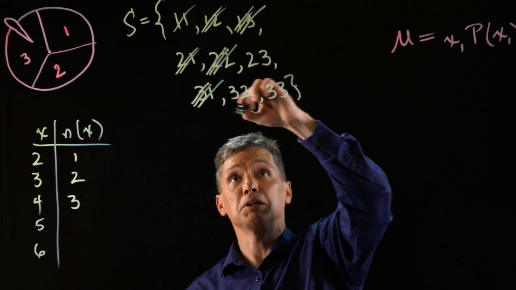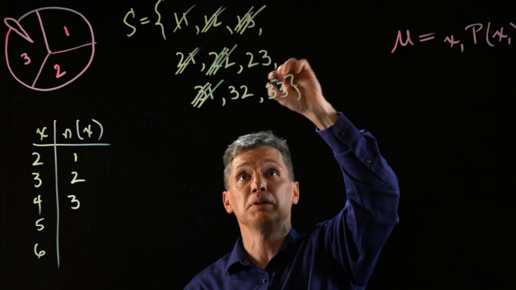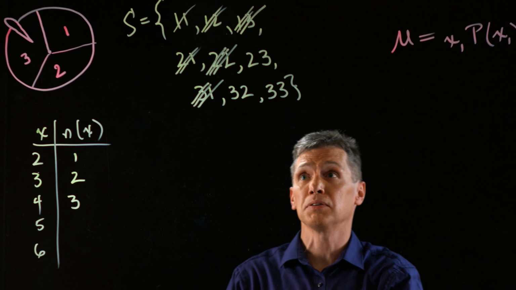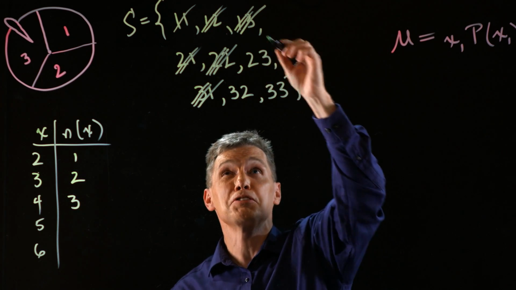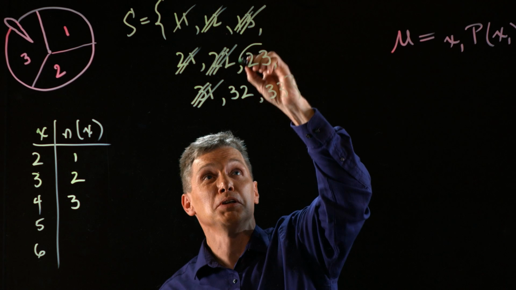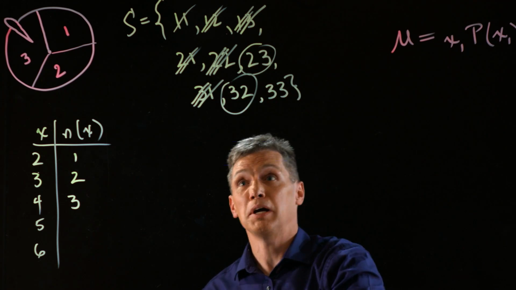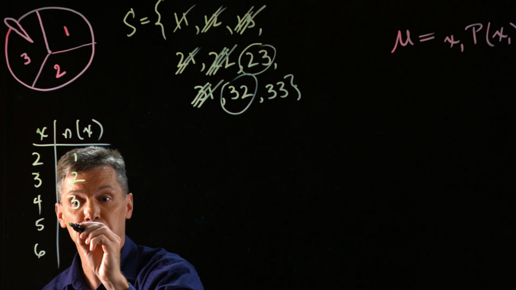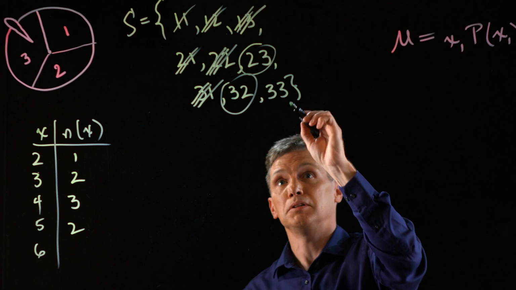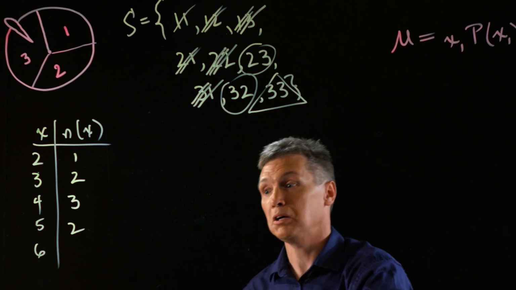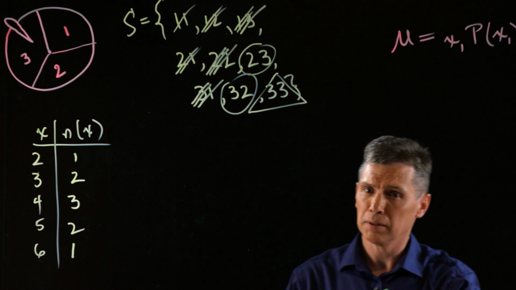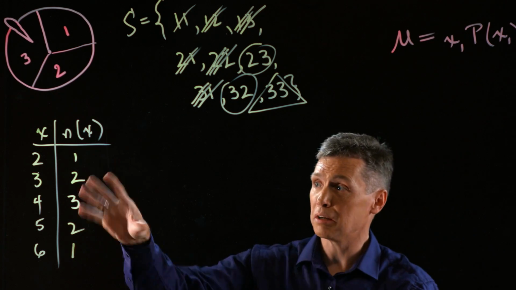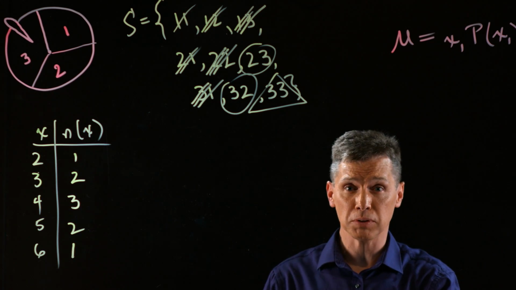For the frequency of that, I'm looking at my diminishing sample space here and trying to find pairs of digits that add up to 5. Hopefully you can see that's here. Let me change colors here because I'm getting a lot of tick marks. There and there would add up to 5. There are 2 possibilities. And then finally, just that one possibility to add up to a 6, so my frequency is 1.